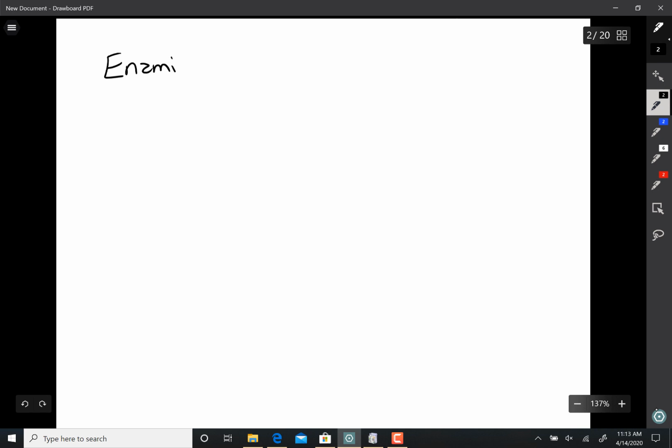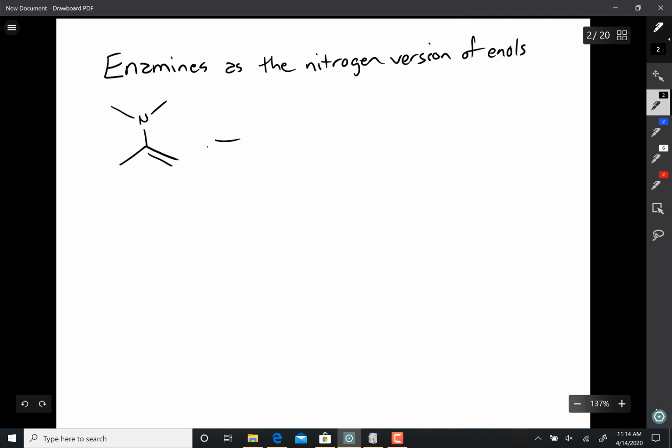You can think of enamines as the nitrogen version of enols. Enamines are nucleophilic due to this resonance structure.